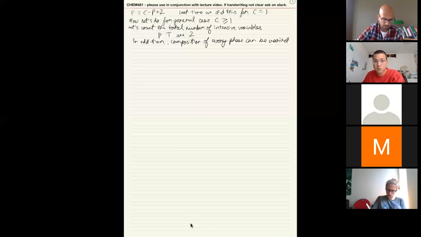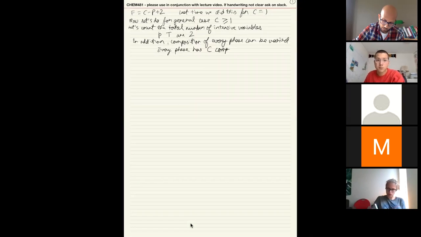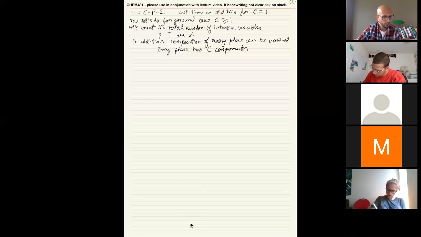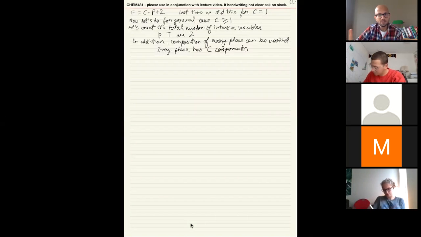So what does it mean? Every phase has C components, and we can vary all these components at the same time. However, we have an additional constraint that the sum of mole fractions must be equal to 1.